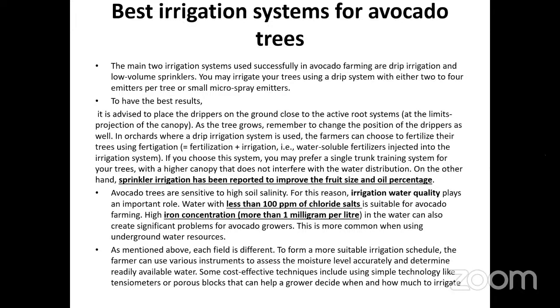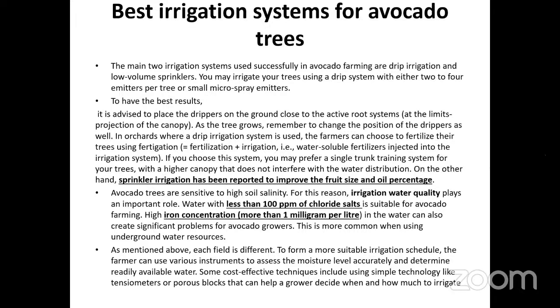I think that's all. To conclude, the best irrigation system of all the systems that we went through is the drip. This is the one I can advise, and the drip irrigation system is better than even the sprinkler and the surface irrigation.